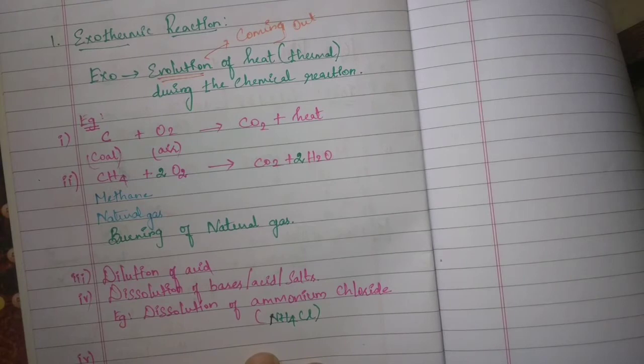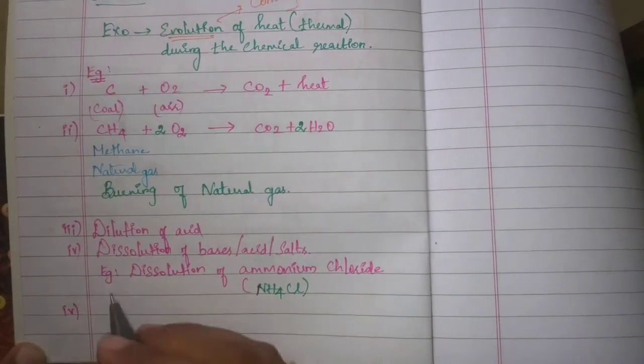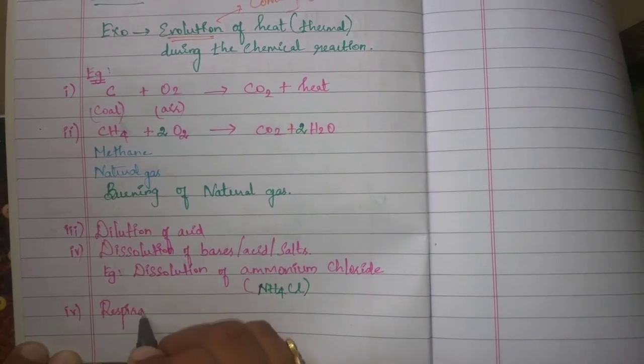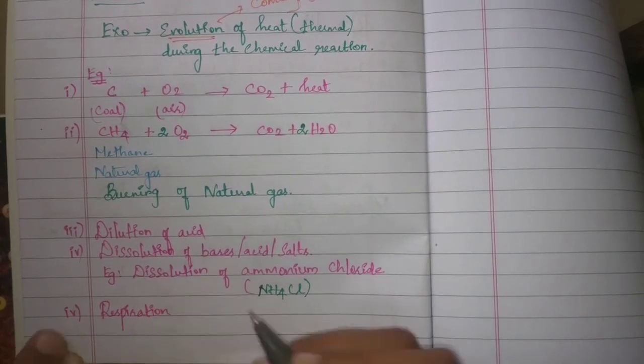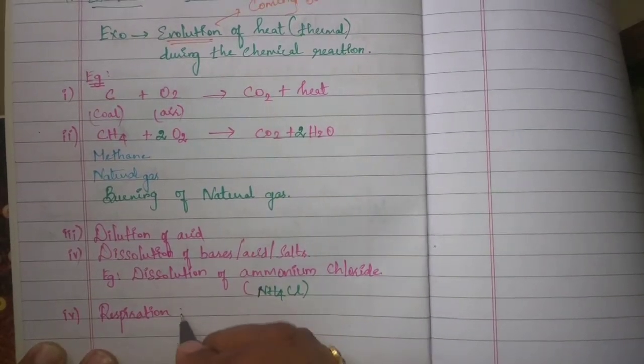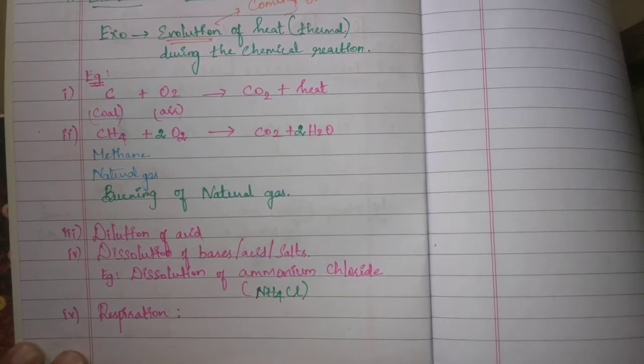Next reaction, respiration reaction, students. Everything is given in your book. Respiration reaction is also an exothermic reaction. How does respiration occur? It occurs with the breaking down of glucose molecules, that is carbohydrates. We take in carbohydrates in the form of rice, potatoes or food materials.